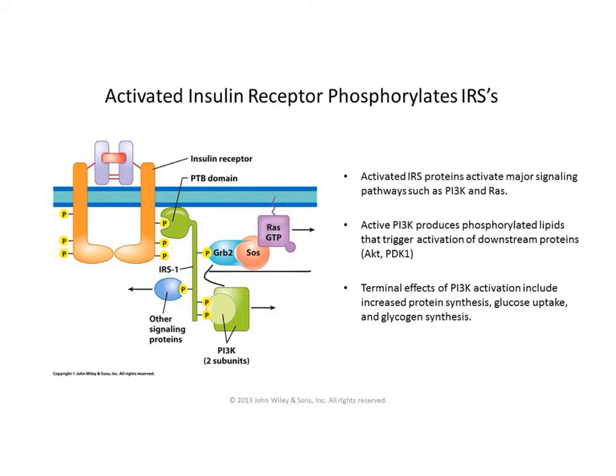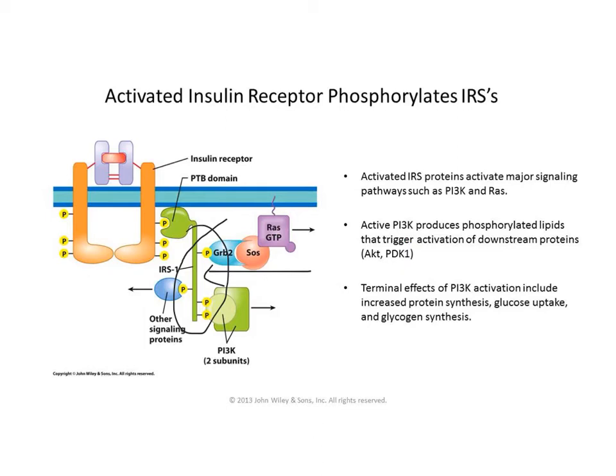IRS stands for insulin receptor substrate. It binds to the activated insulin receptor, this receptor tyrosine kinase, through its PTB domain. You can also see that it's a docking protein that has key tyrosine residues that also get phosphorylated when it docks onto this receptor.